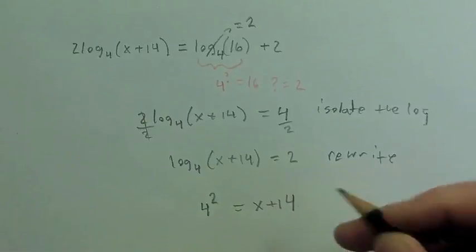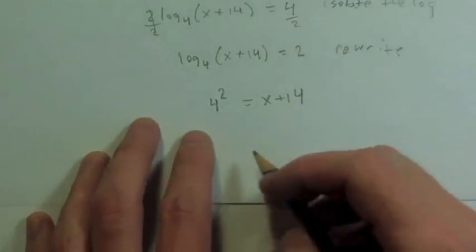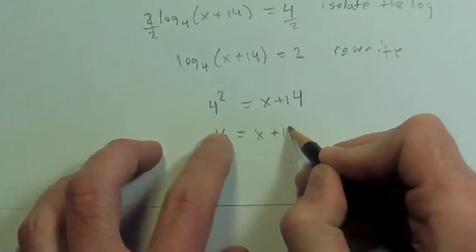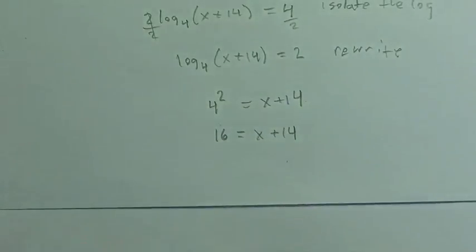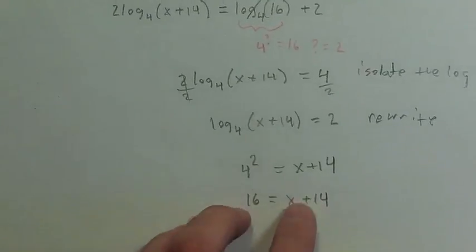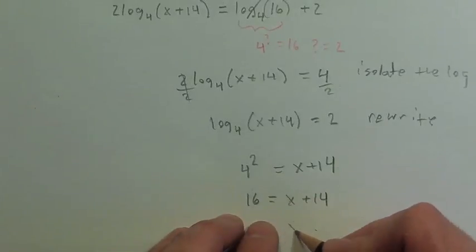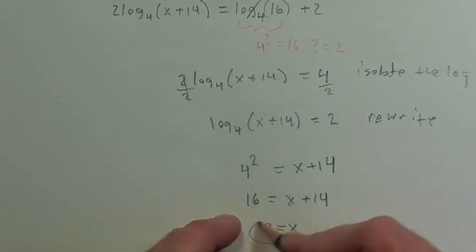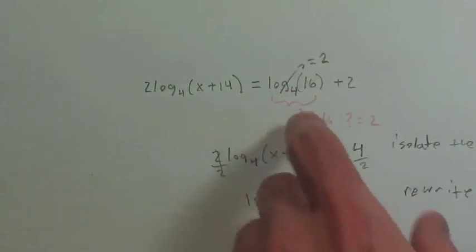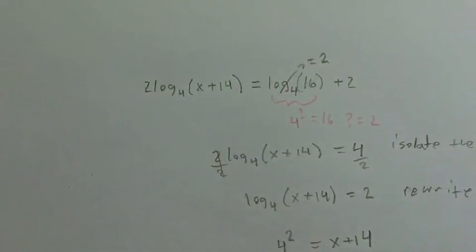So now we just get down to this equation: 16 is equal to x plus 14. We just subtract 14 on both sides to get that x is equal to 2, and there we go. Okay, so don't go through the really tough process if you can actually evaluate one of these logs.